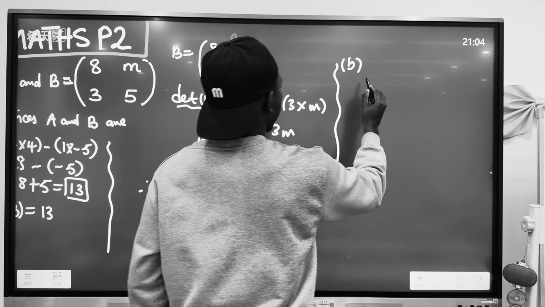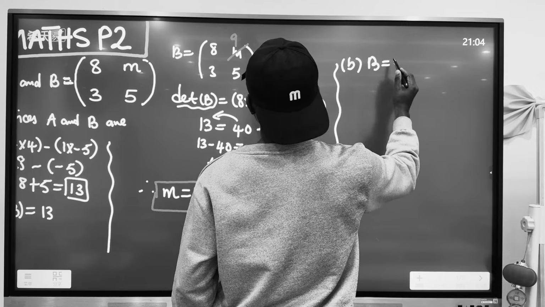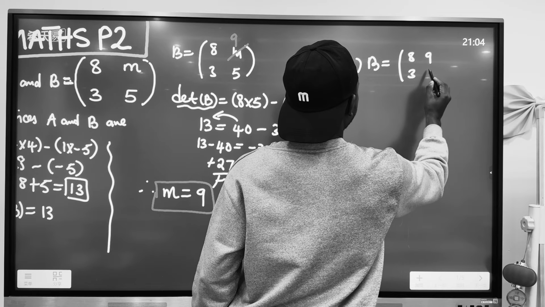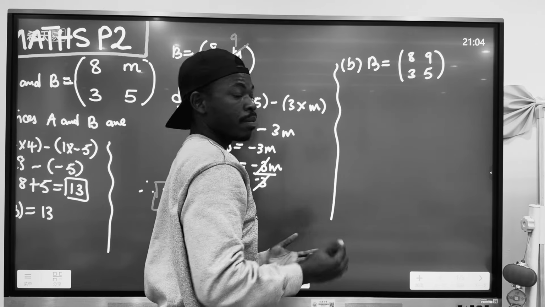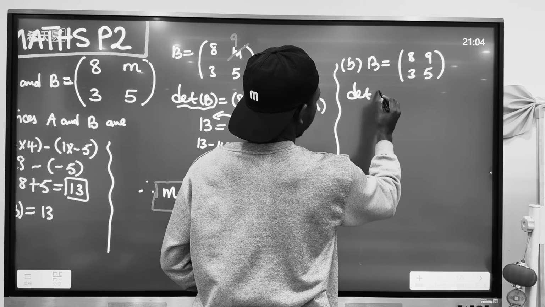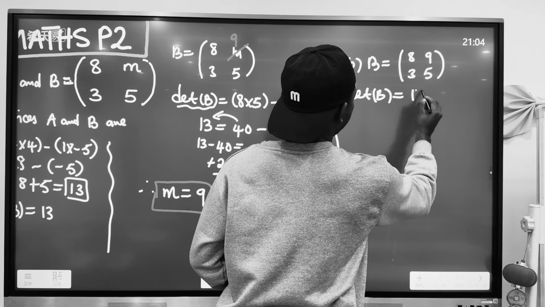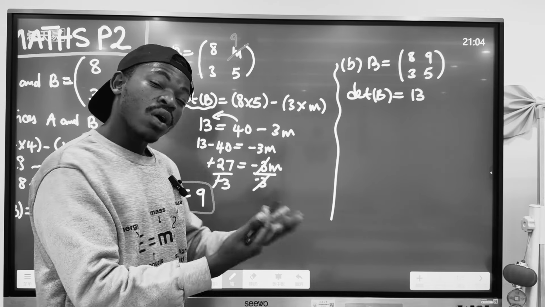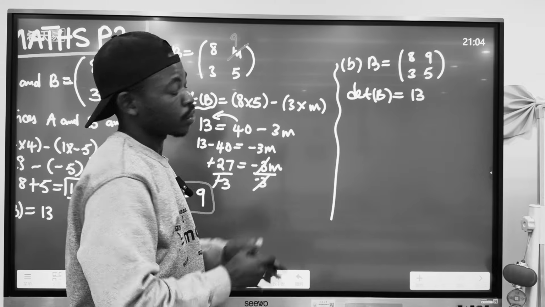Part 2: matrix B is now complete and it's equal to 8, 3, 9, 5. And remember, its determinant is still 13. Okay, so the question now says find the inverse. We know how to find the inverse of a 2 by 2 matrix.